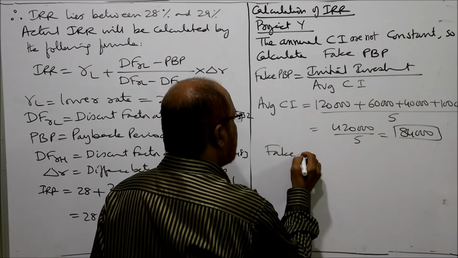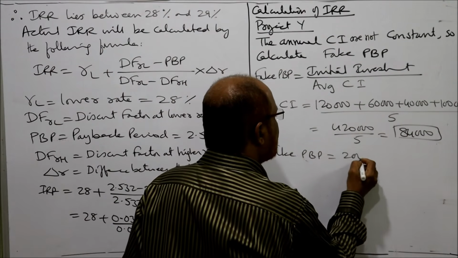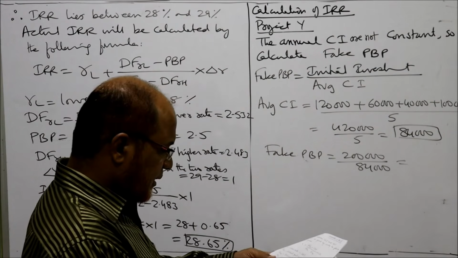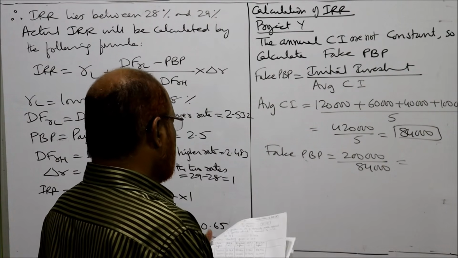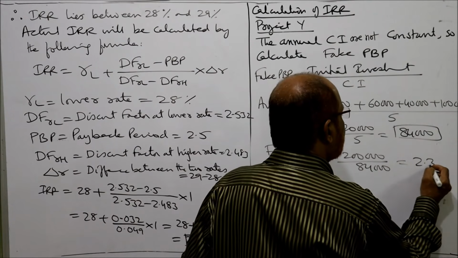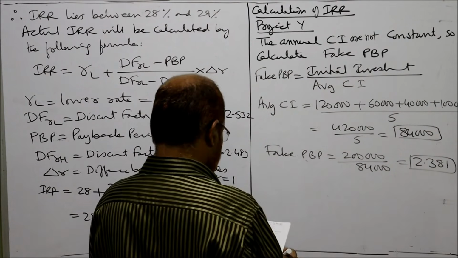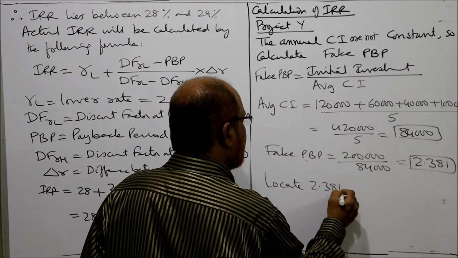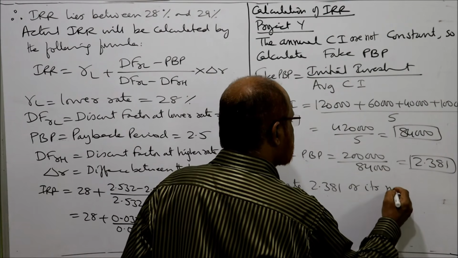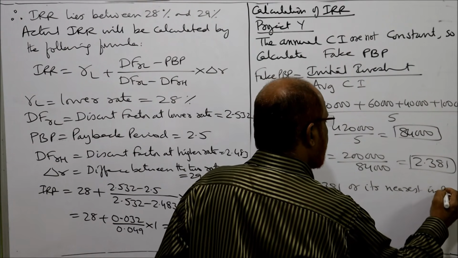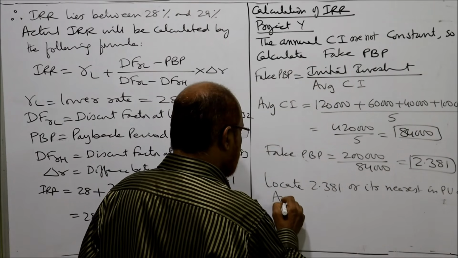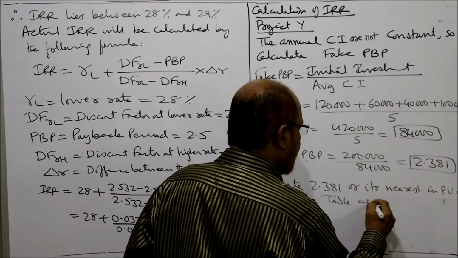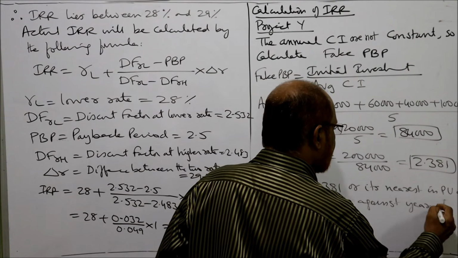Now fake PBP. Initial investment 2 lakh divided by 84,000, you are getting 2.381. Locate 2.381 or its nearest in PV of annuity table against year 5.